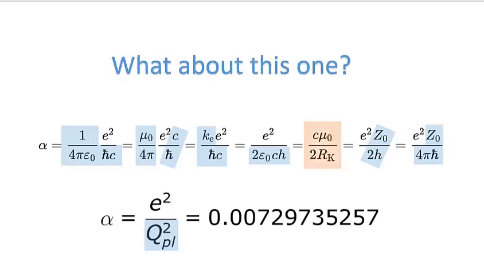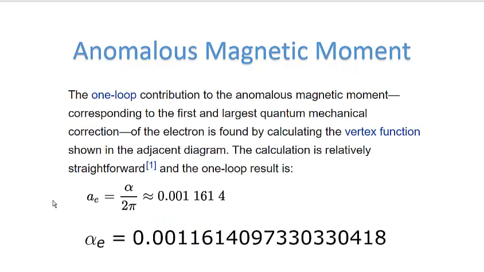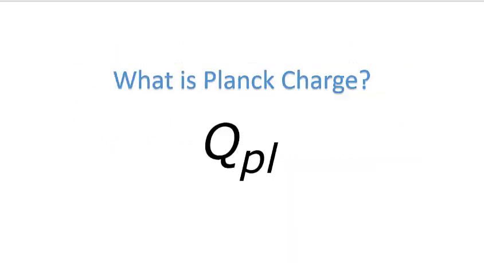And of course, I calculate Planck charge using non-reduced Planck's constant, and because I do that, I have to use the anomalous magnetic moment in my equation. I'm going to leave that for the next video. What is Planck's charge? I'm going to try to answer that in the next video.